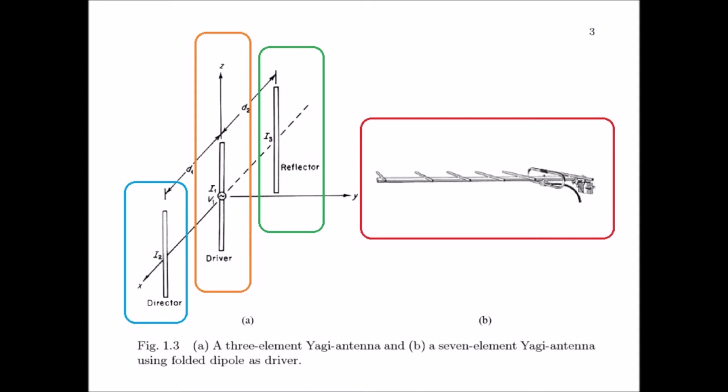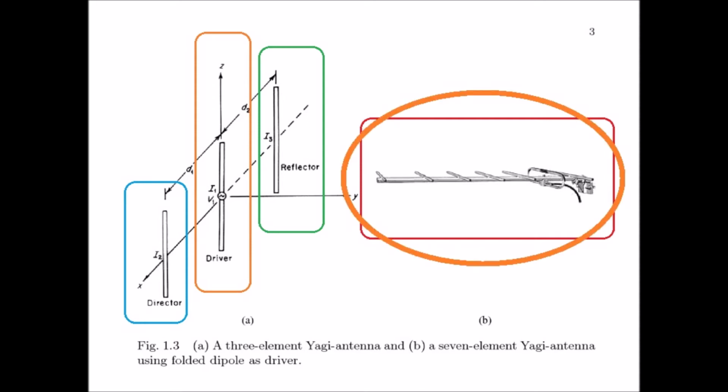It ceases to play an effective role if it is placed too far from the driven element. Yagis are seldom designed to have more than 12 elements. A 7-element Yagi using a folded dipole, thus.